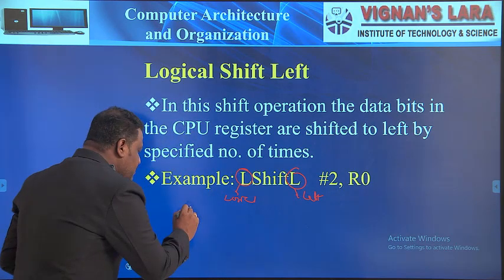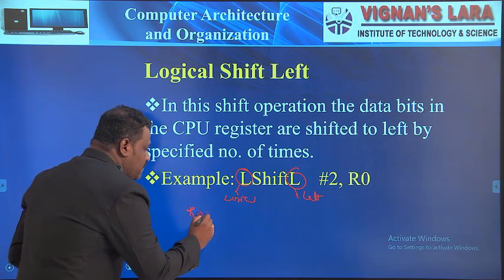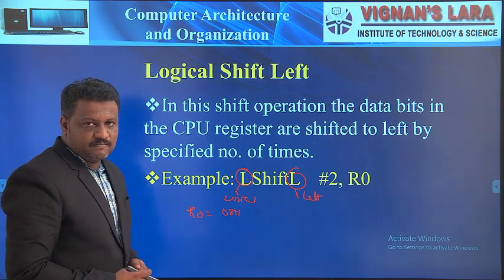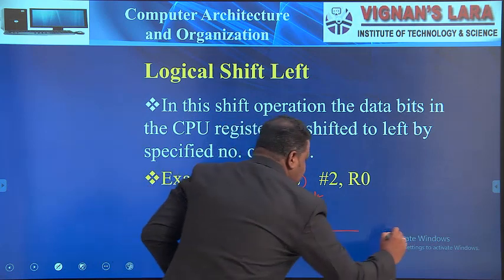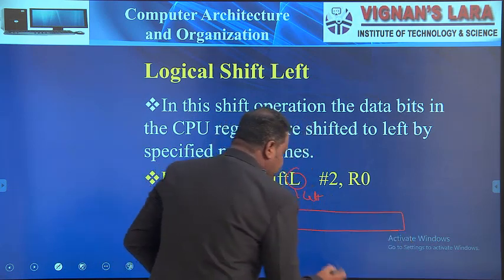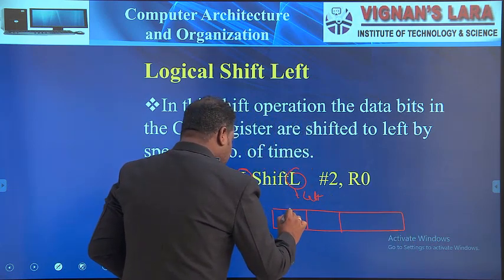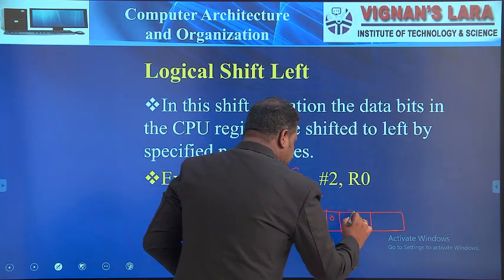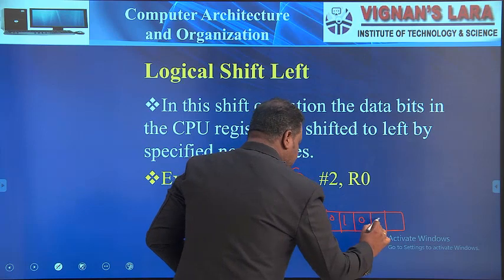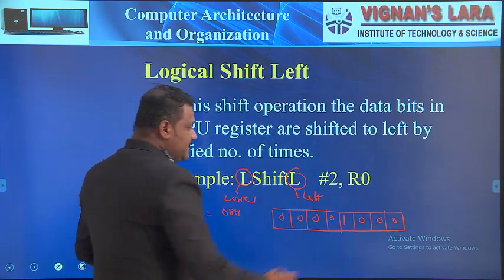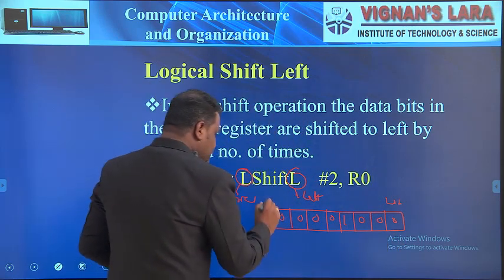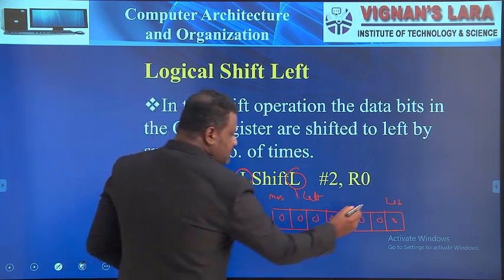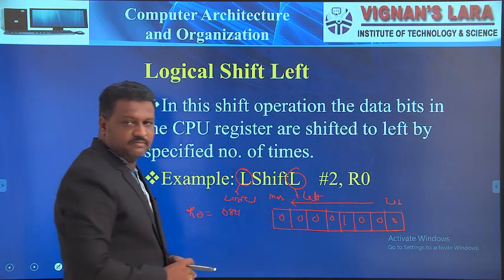Again I took an example. Register R0 value is equal to 08H initially. Again this is register R0, which is an 8-bit register. Initially it is loaded with 08H. It is like this. We know that here it is LSB and this is MSB. In this logical shift left, the bits are moving in this direction.